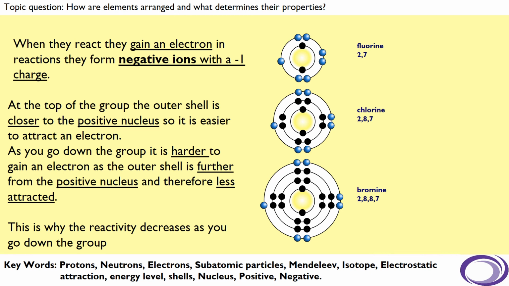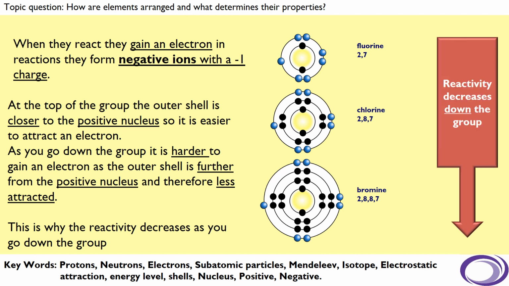On the other hand, at the top of the group, the outer shell is closer to the positive nucleus, so it's easier for fluorine to gain an electron to fill its outer shell than bromine. That is why the reactivity decreases as you go down the group, because it's harder to attract an electron into the outer shell because it's further away from the positive nucleus and less attracted.